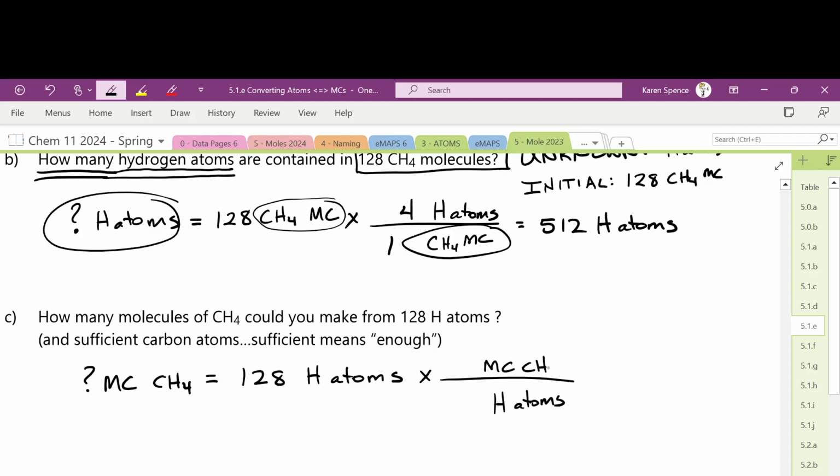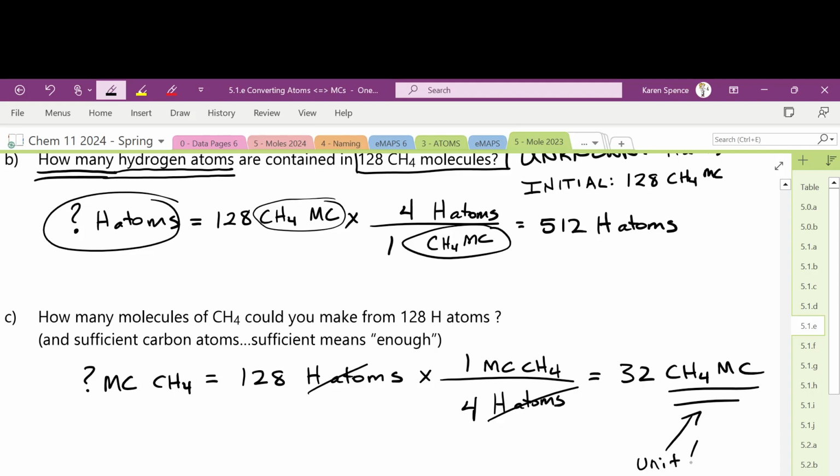Molecules of CH4 have to go on the top because that's what we want to find. Hydrogen atoms cancel out, and we have 1 for every 4. Does that give us 32? Good. 32 CH4 molecules. And don't forget, you need your unit at the end.